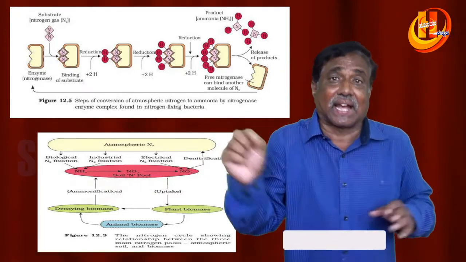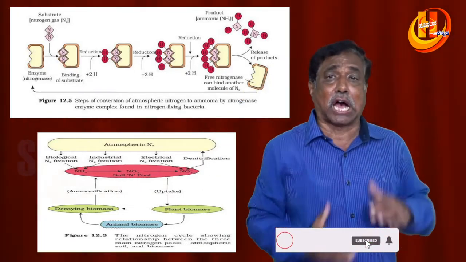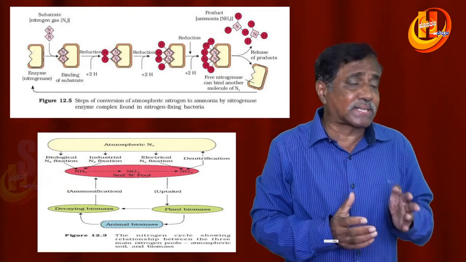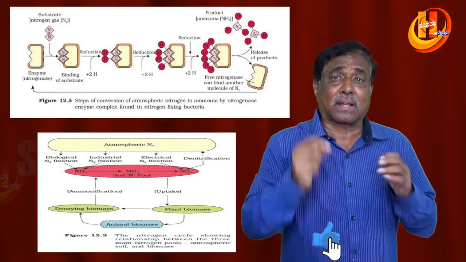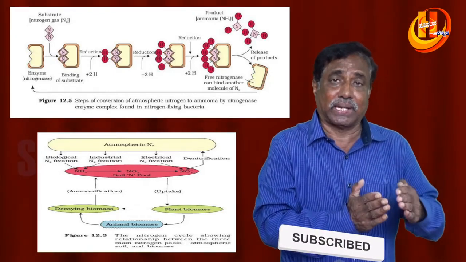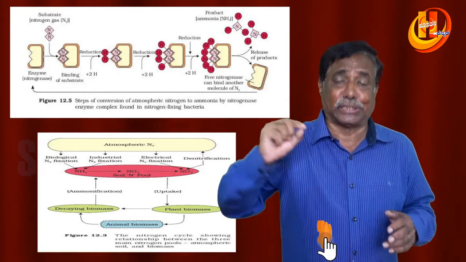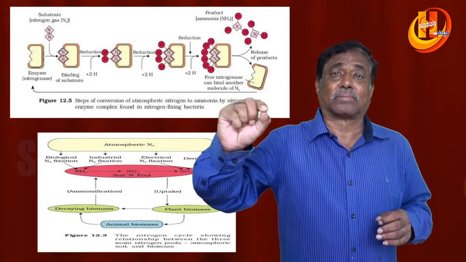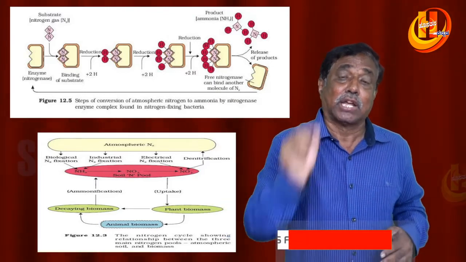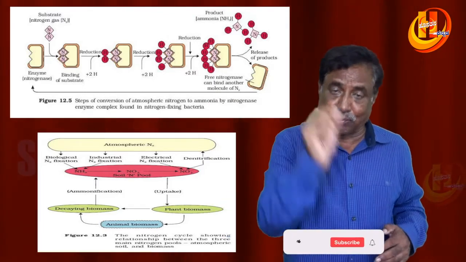So that reaction takes place in the presence of the nitrogenase, and this is the first stable compound produced during the nitrogen cycle, that is the ammonia. This ammonia is converted into nitrite by Nitrosomonas, Nitrosocystis.